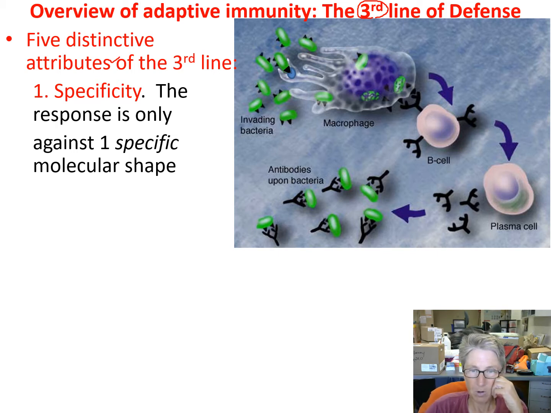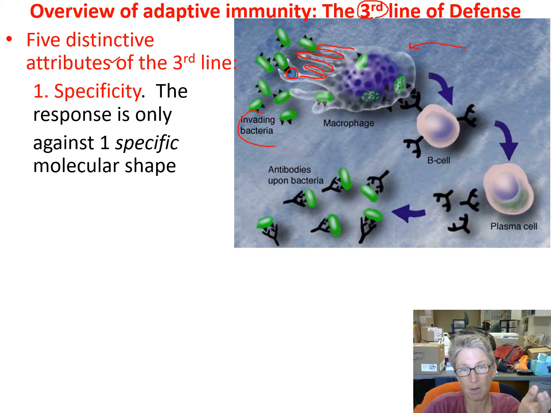But let's look at this cartoon first. So here's a macrophage, this guy, and here's his pseudopodia coming out from the macrophage. And right here, this little blue circle, that would be a Toll-like receptor recognizing either a PAMP, pathogen-associated molecular pattern, on a bacteria.